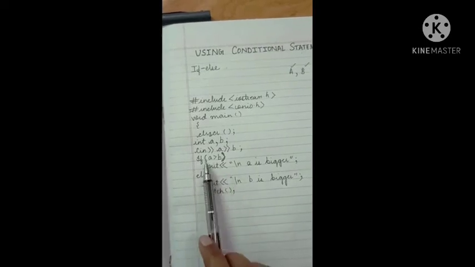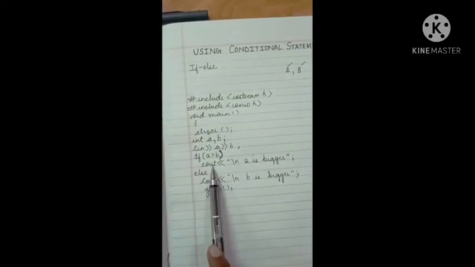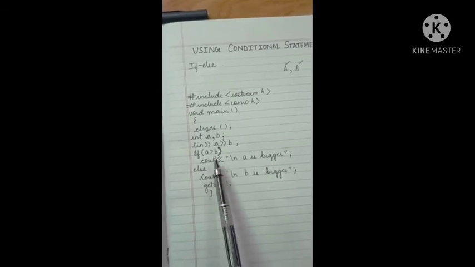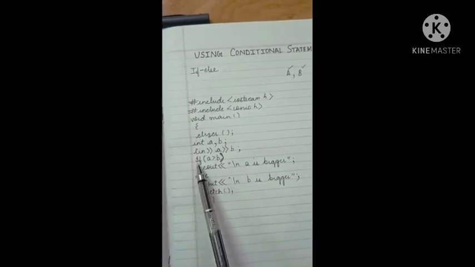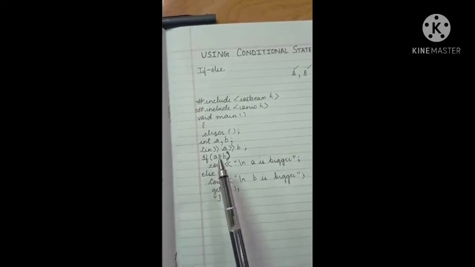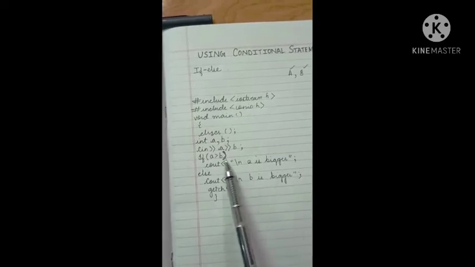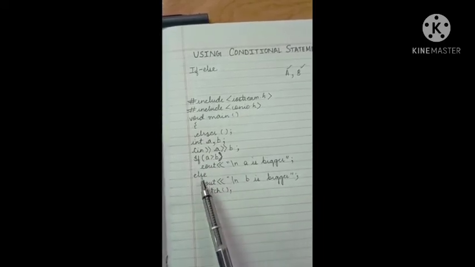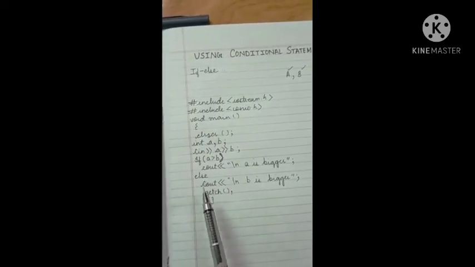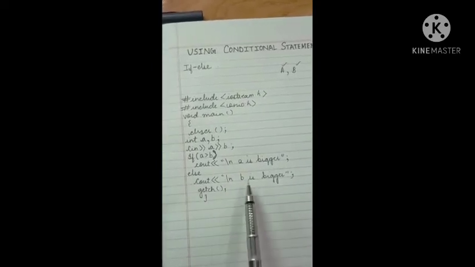If the condition is true, the computer executes the block of code after the if statement. If the condition is false, it skips that block and executes the block of code after the else statement.